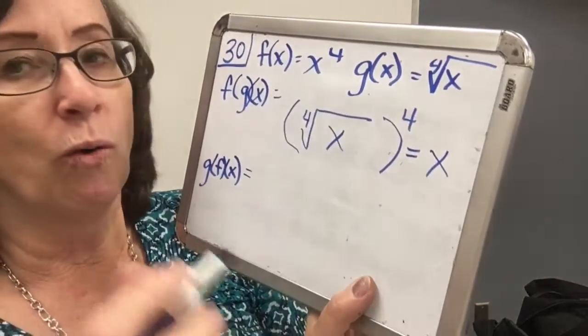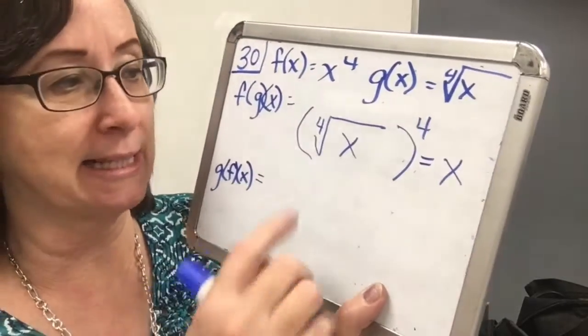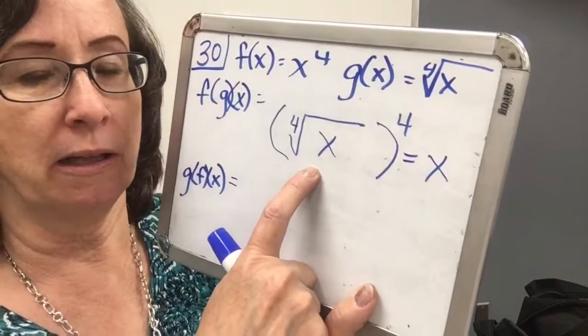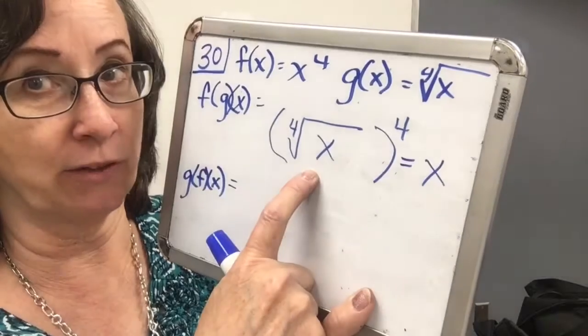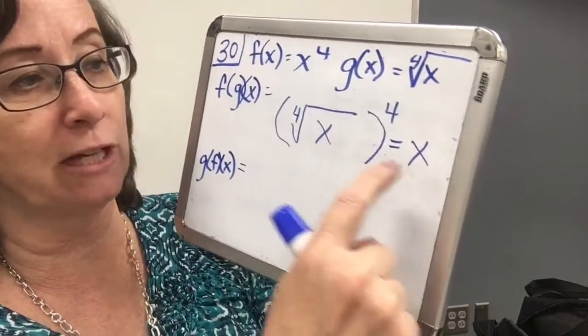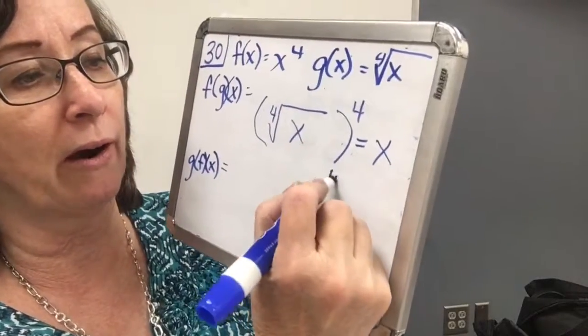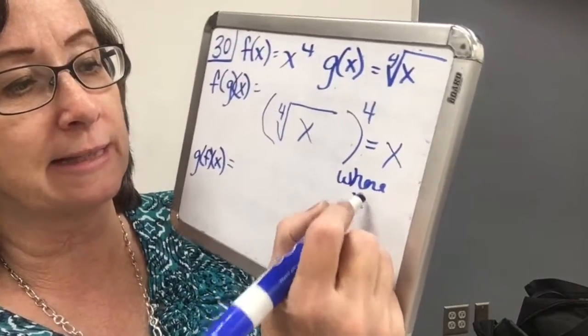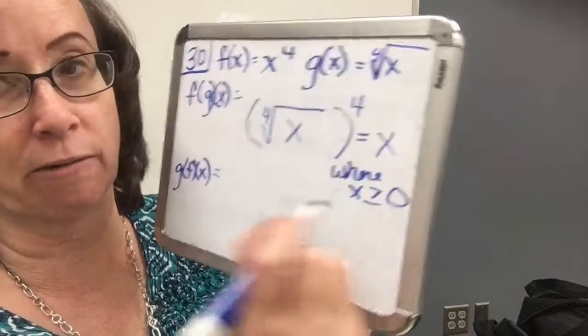However, we went through a process that required the x's to be positive only. So we would say f of g of x is x, where x is greater than or equal to 0.